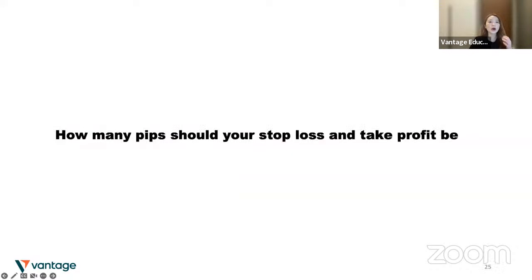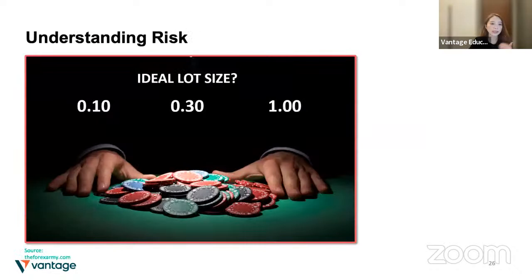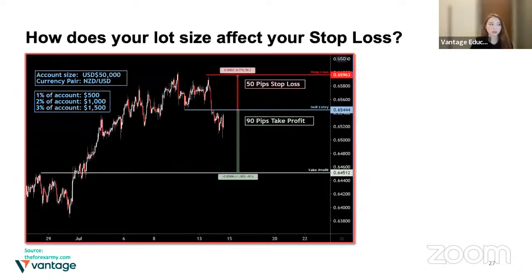All right, let's move on to pips now. How many pips should your stop loss and take profit be? The ideal lot size: 0.1, 0.3, or 1 lot. We are looking at how lot size affects your stop loss and your pips. In this case, we have a 50 pip stop loss and a 90 pip take profit.